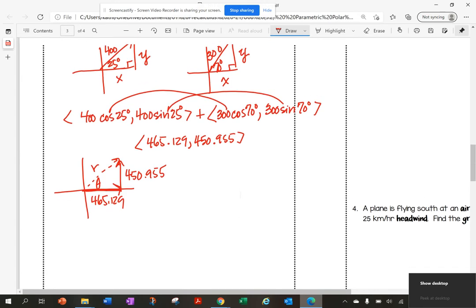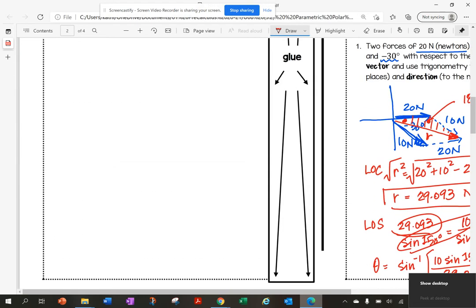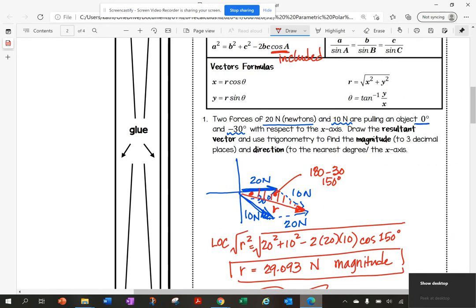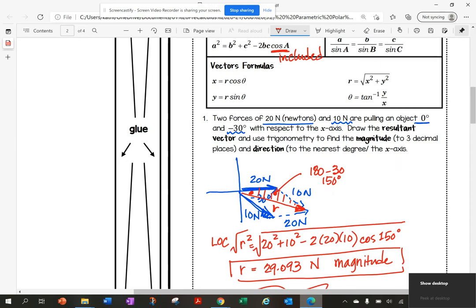So now I am going to use the other two vector formulas. So R is really the hypotenuse of the right triangle, so I'm applying the Pythagorean theorem essentially, and then to find the angle, it's the tangent inverse of y divided by x.